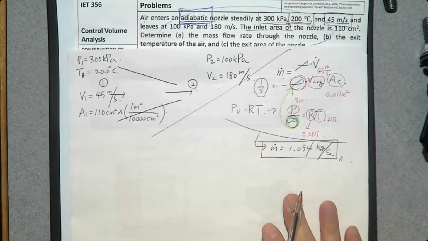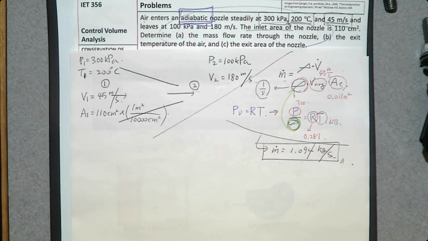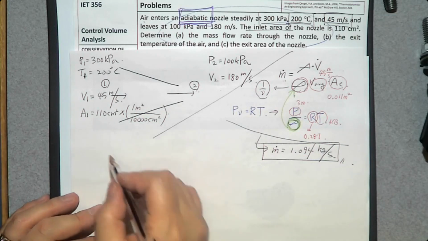Today we are going to determine the exit temperature of the air. If you want to determine the exit temperature, we need the governing equation in this problem, and that is going to be the energy balance equation. So what is the energy balance equation for a nozzle system?